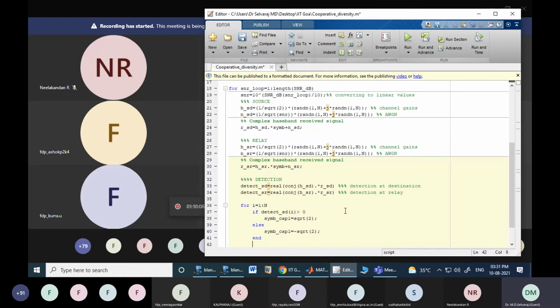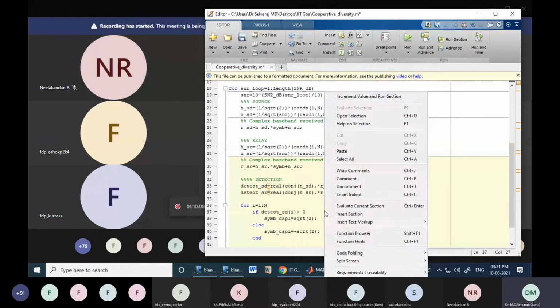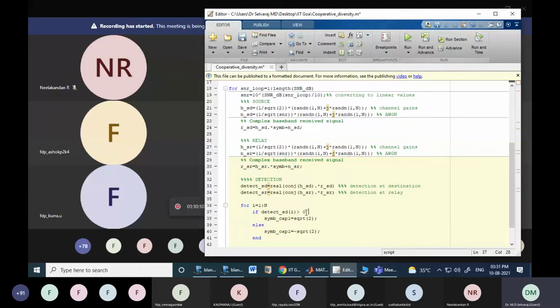This is a BPSK process, so this is a BPSK detection process. So I'll write it here: it is a BPSK detection. ST means at the destination.